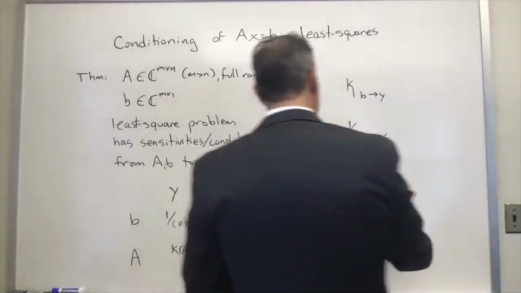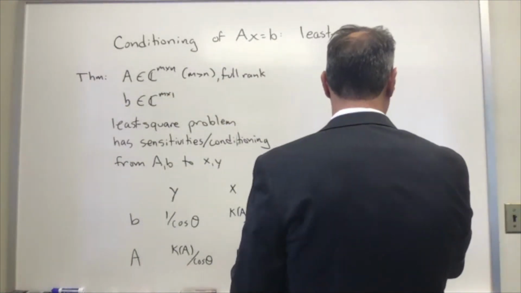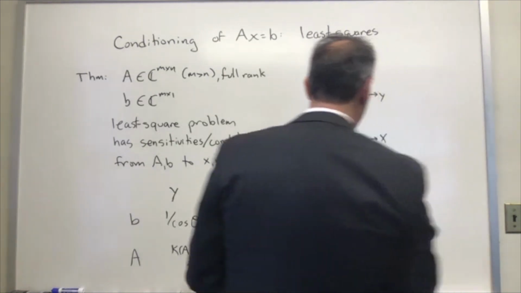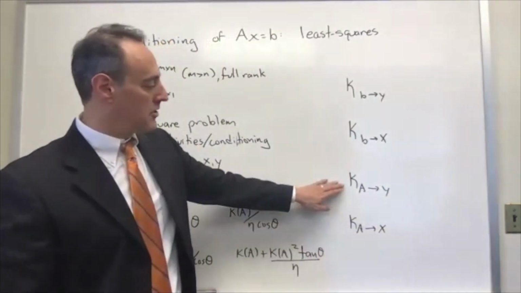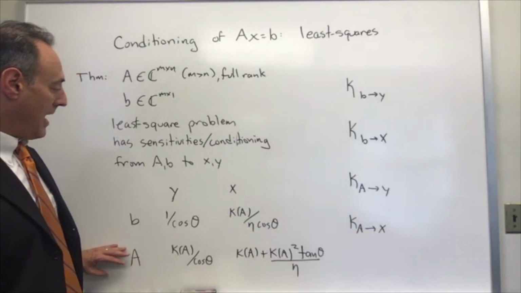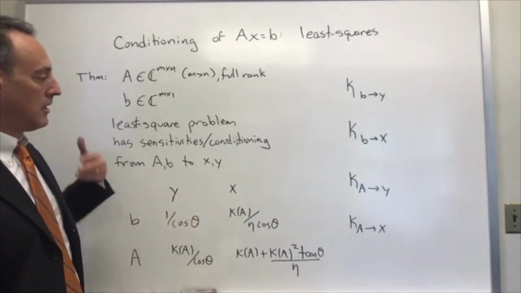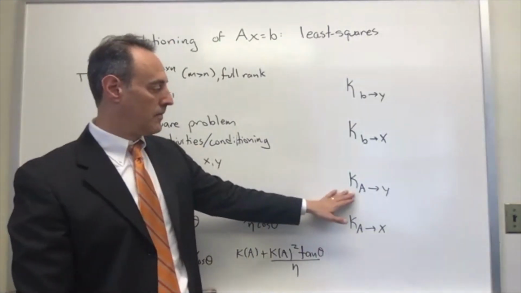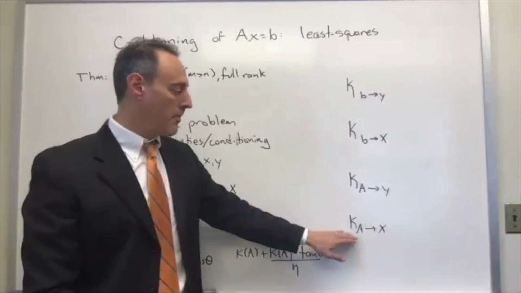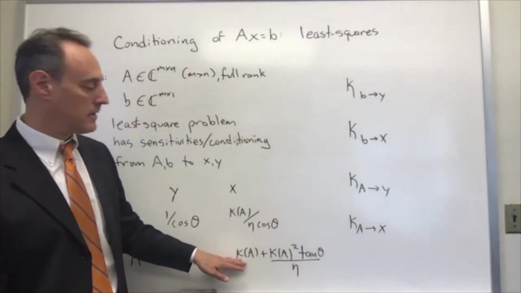We also have these two quantities, which is how the condition number gets affected mapping A to X. Okay, so in other words, if I perturb the matrix A, how does it affect the outcome Y? That's here. If I perturb the matrix A, how does it affect my answer X? That's here.